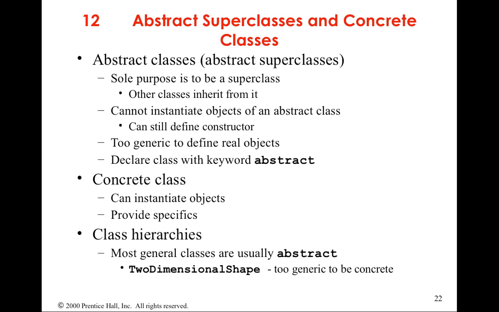Concrete classes can instantiate objects. We actually saw that you can refer to the instantiation of the abstract object. Let's say, for example, we take person and we make them abstract, and then we create a student object and a teacher object. We inherit from it, but person is abstract.